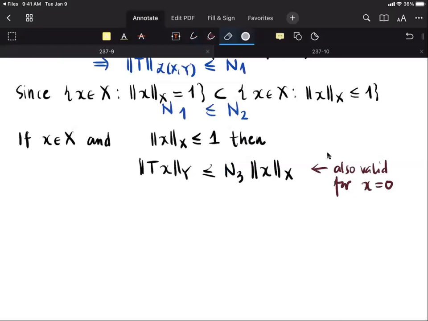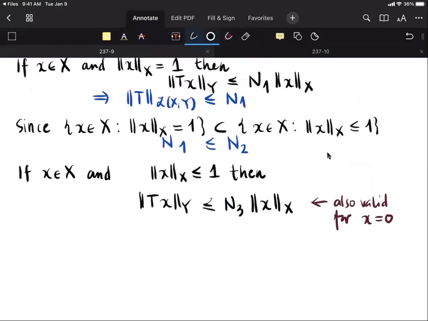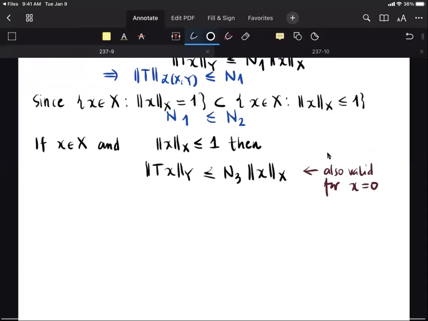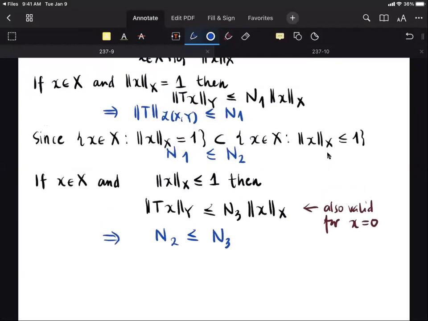Okay. So if I take, let's say, the supremum over all x in the closed unit ball, this implies that the supremum of the left-hand side would be N2. The supremum of the right-hand side would be N3 because this is bounded by 1. Okay.